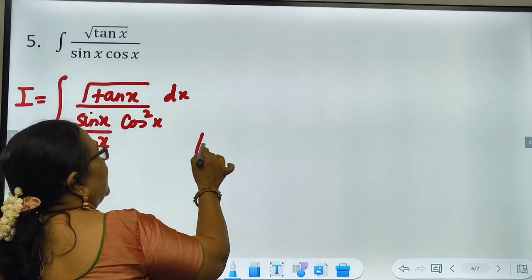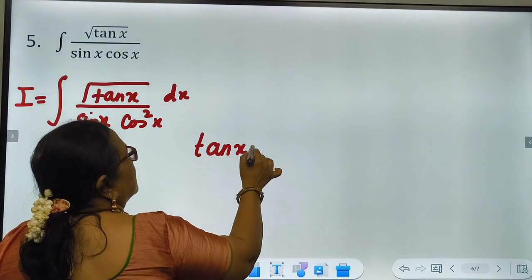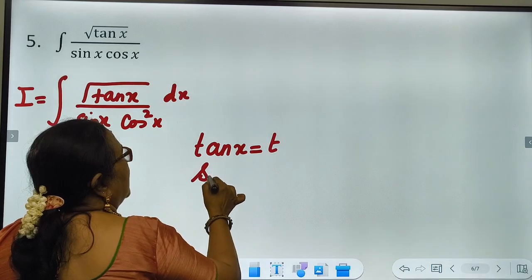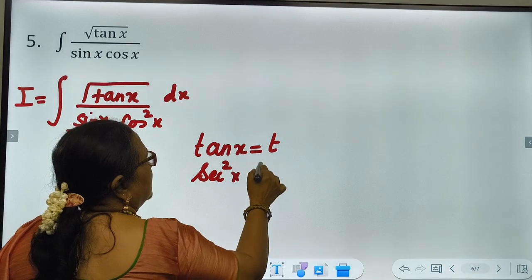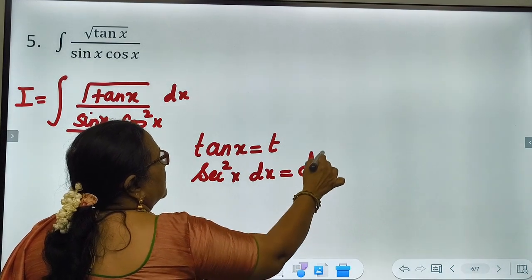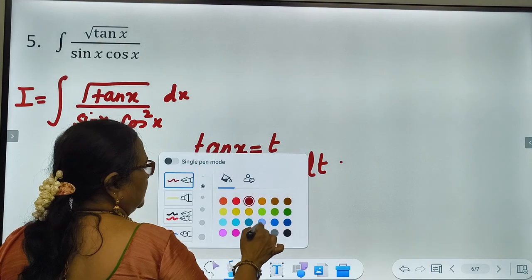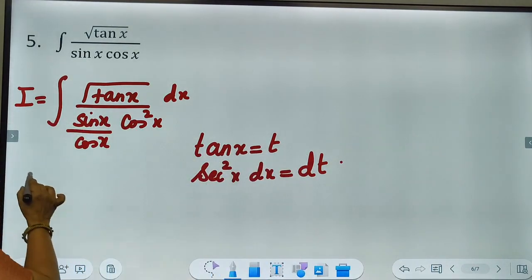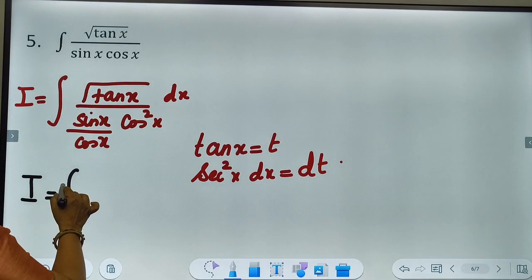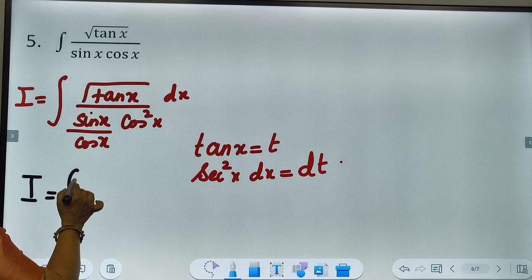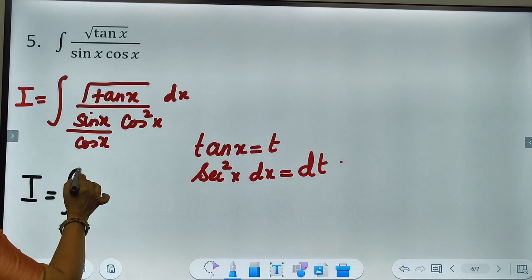Now if tan x is t, we know that secant square x dx will be dt. So I will be equal to integral of, okay, now root tan x by tan x, right?